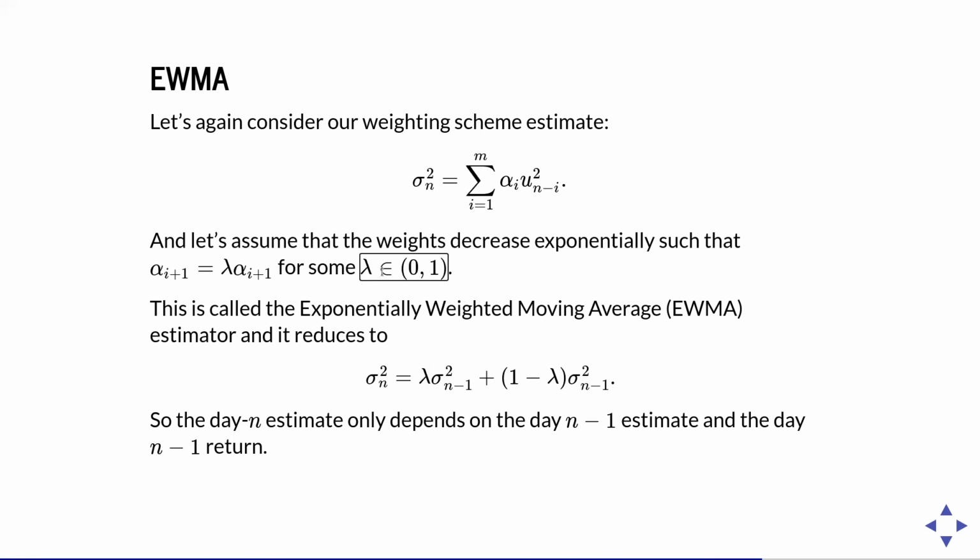That's called the exponentially weighted moving average estimator. And you can show with a little bit of arithmetic that it reduces down to this convex combination of the previous variance.